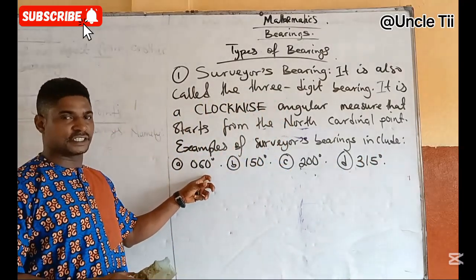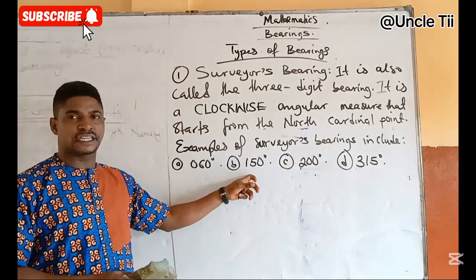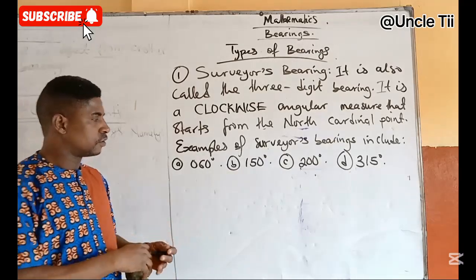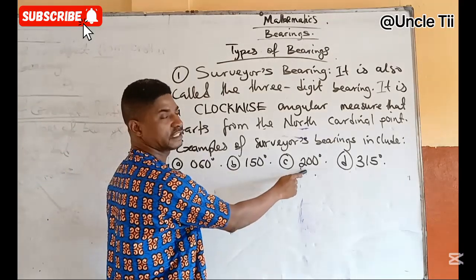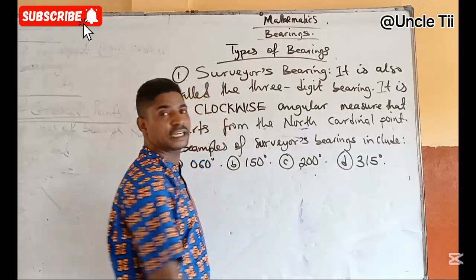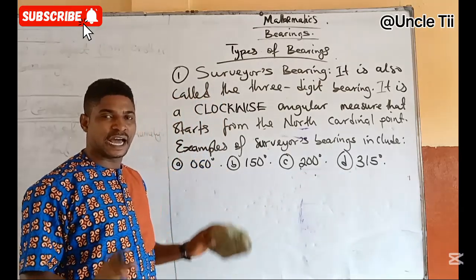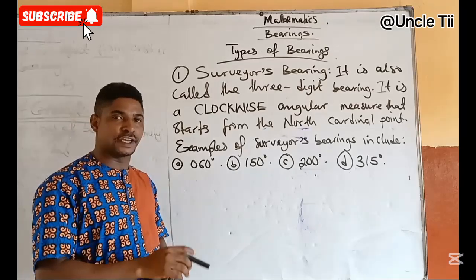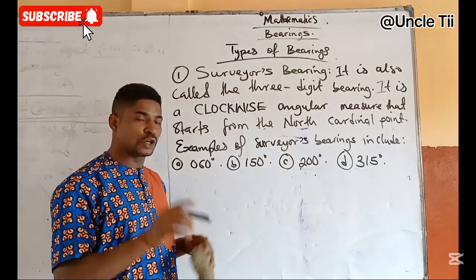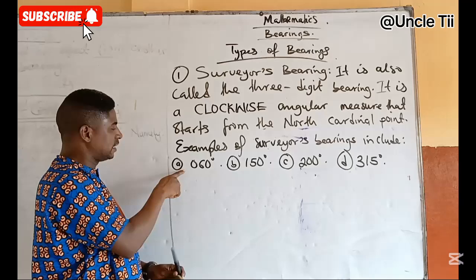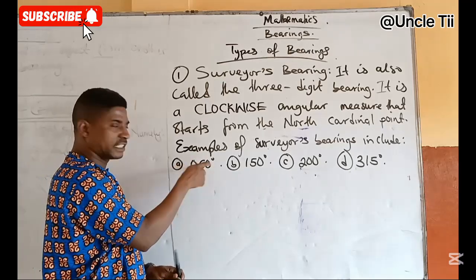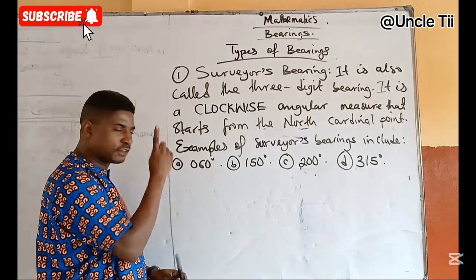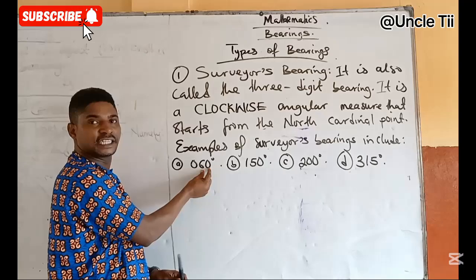060 degrees, 150 degrees, 200 degrees, 315 degrees are typical examples of surveyor's bearings. So you notice that in the first example, 060 degrees, the size of the angle is actually 60 degrees.